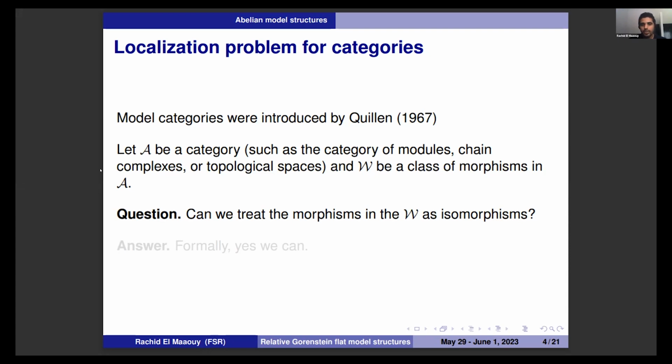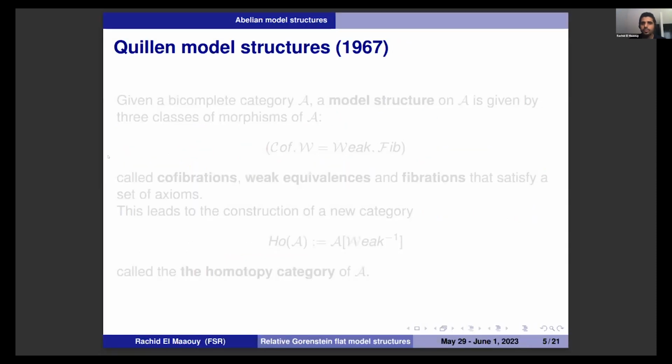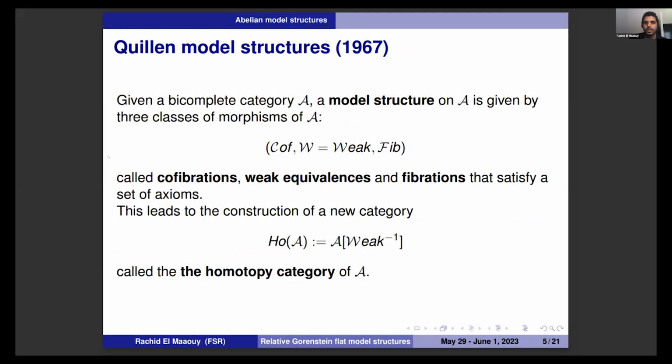So we can do this. In fact, we can construct a category in which the morphisms in class W become isomorphisms. But of course, there are some complications, and working with this, let's say, category is somehow difficult. However, if we work with model structures, we will not find such difficulties. So what is a model structure?